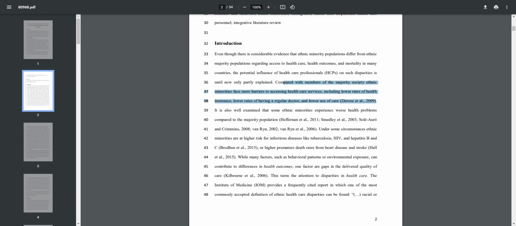The next sentence is now explaining it using data. So the data now has to be cited. And now it says it's also well examined that some ethnic minorities experience worse health problems compared to the majority population. Again, you can see it is being cited.